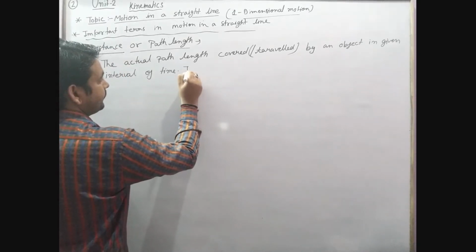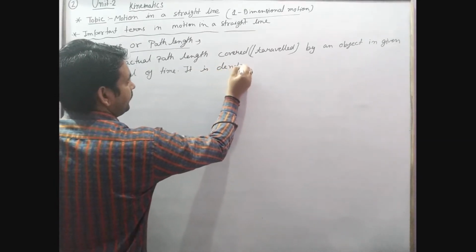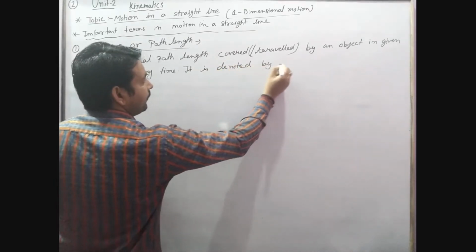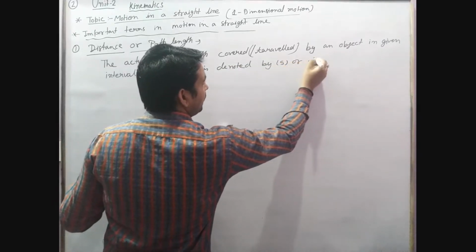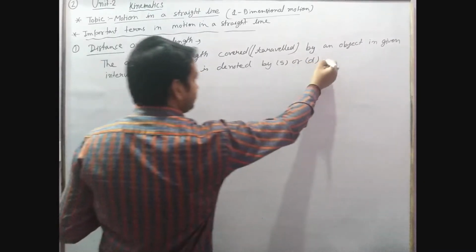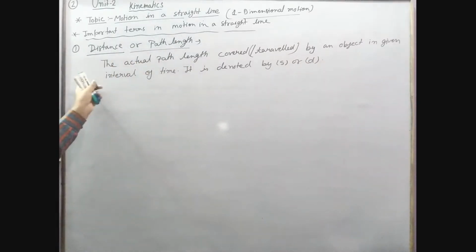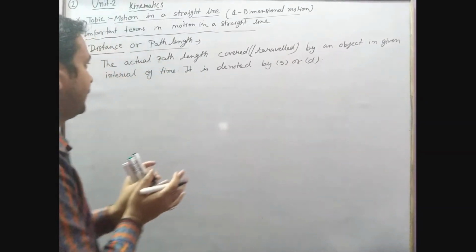It is denoted by small s or small d, because it is the actual path length covered by a particle.